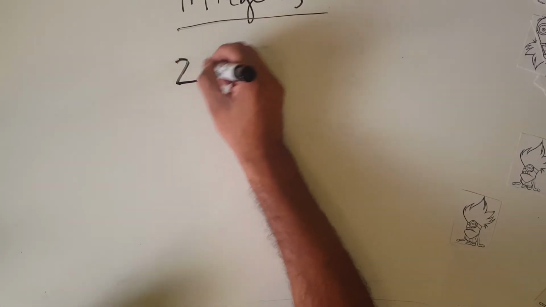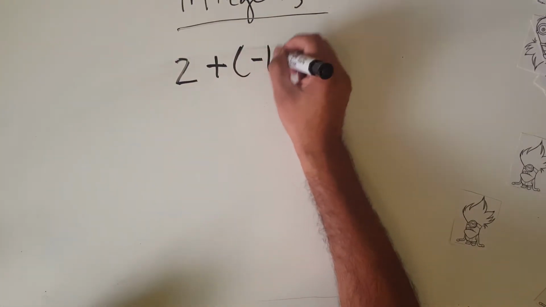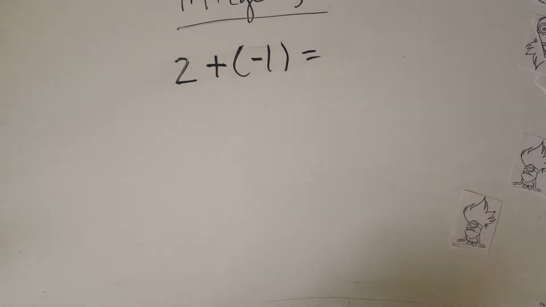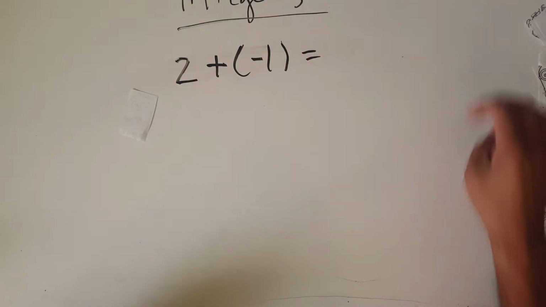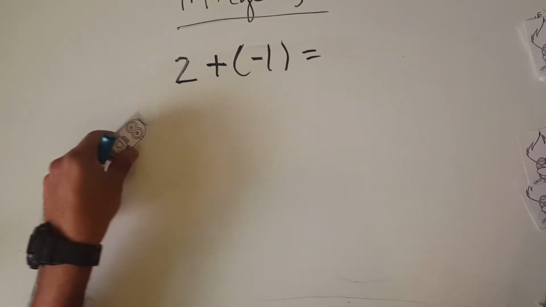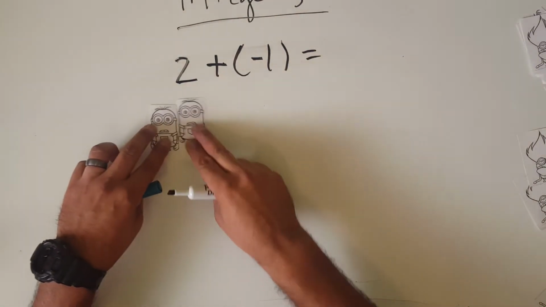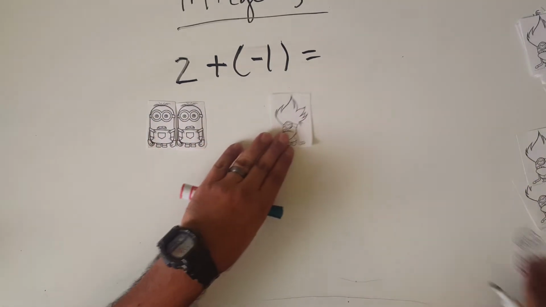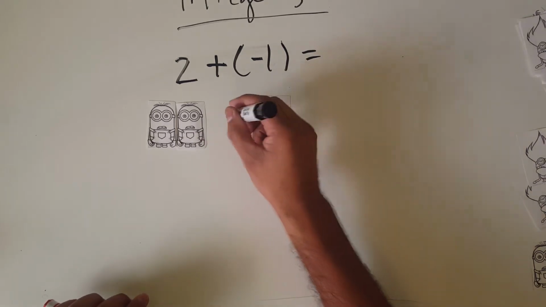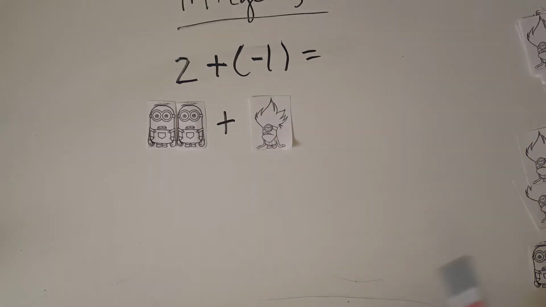Now let's do 2 plus negative 1. Okay? So here we have 2 yellow dudes. So let's go ahead and get some yellow dudes. So this time we got 2 yellow dudes, and then we have our 1 purple dude. Okay? So what's going to happen?